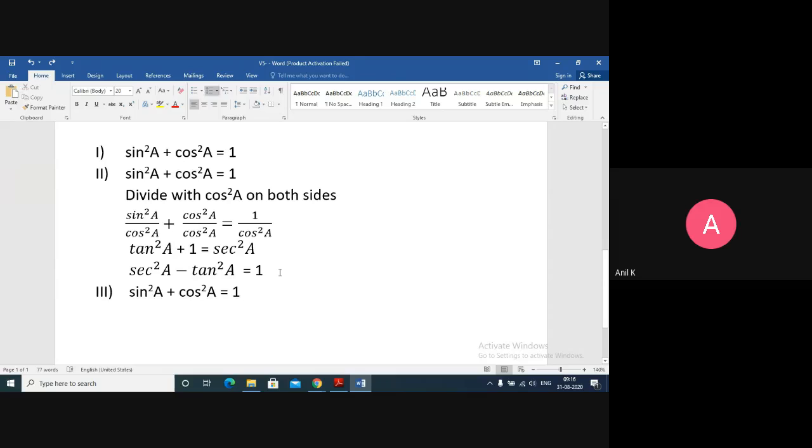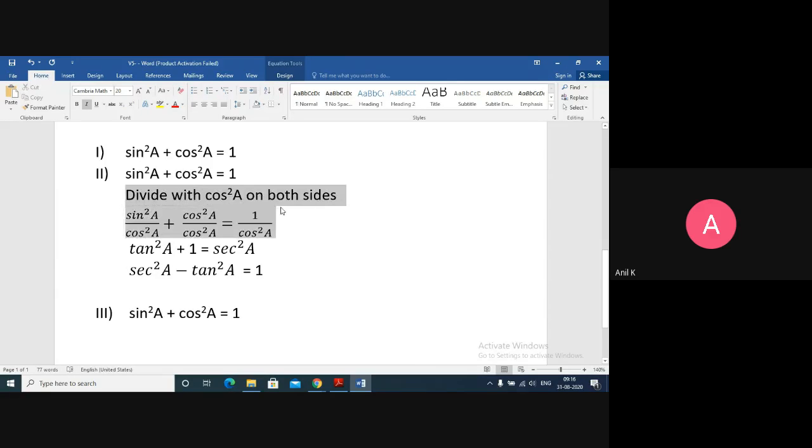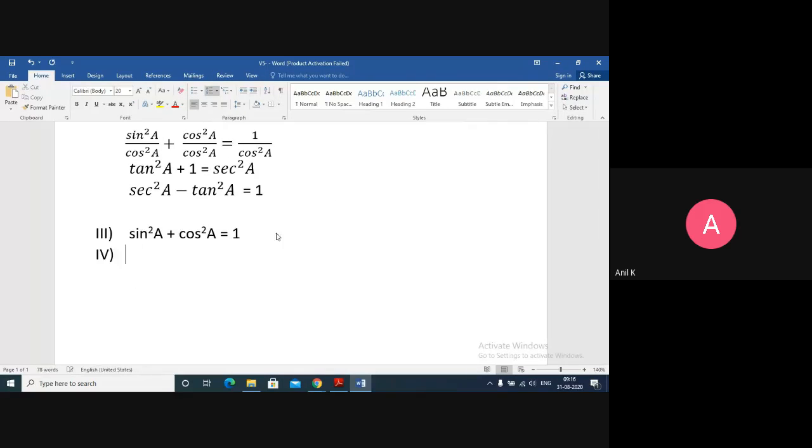In the previous question we divided by cos square A. Now what I do is divide with sin square A on both sides, instead of cos square A. So can you simplify and tell me what will come exactly? Divide with sin square A on both sides. I'll take the same step.